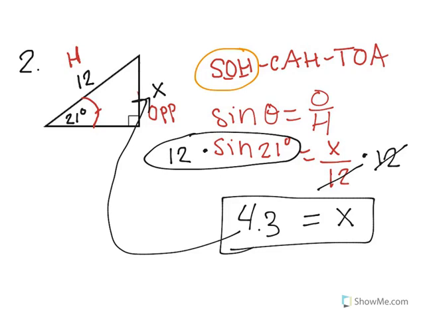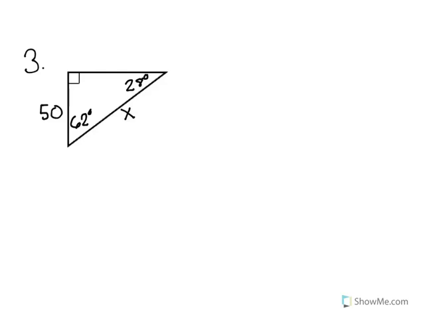All right, let's do one more. All right, number 3. Here you can notice that we have two angles given to us. We have 28 and 62. If that's the case, you just get to pick which angle you want to work with. It really doesn't matter.